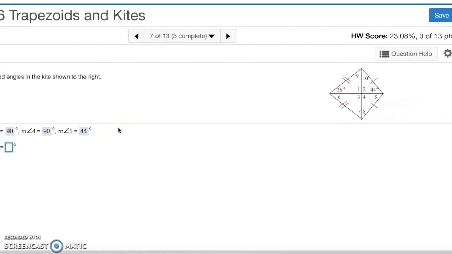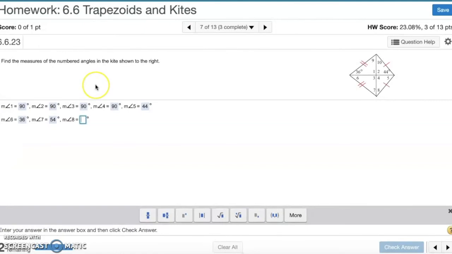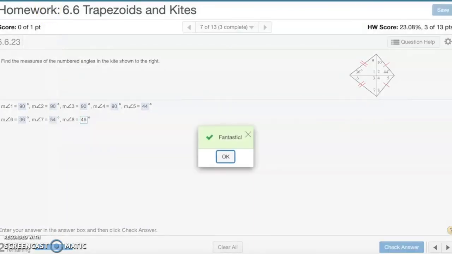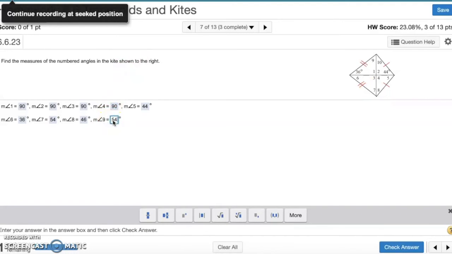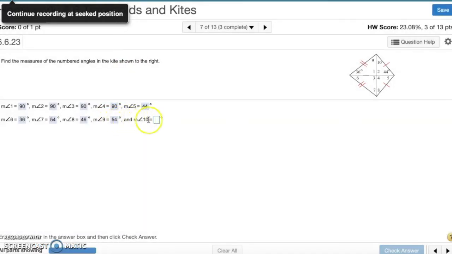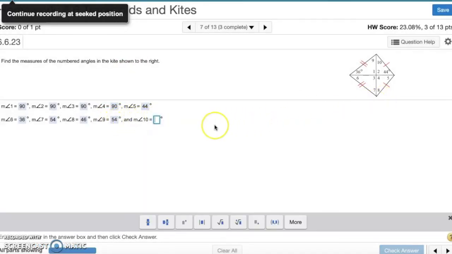Doing that gives me 46. Angle 9 is the same as angle 7, so this will be 54. Angle 10 is the same as angle 8, which will be 46.